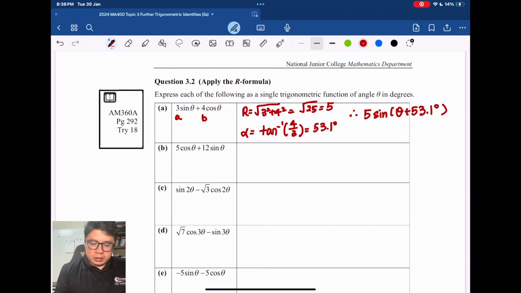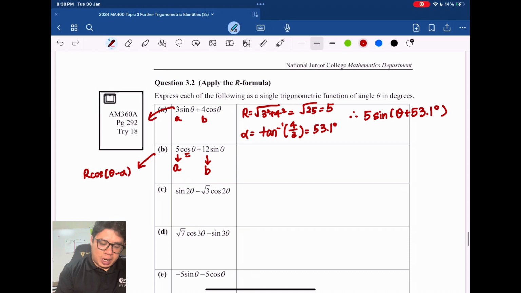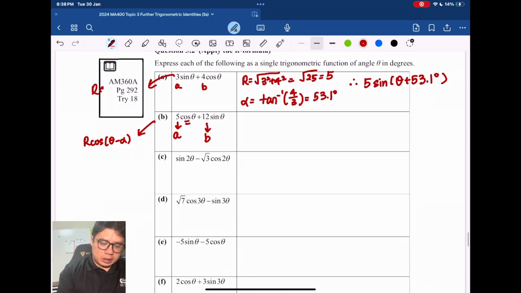Now for part B here, you can see that A is equal to 5 and B is equal to sine. So, cosine comes first, therefore we are using R cosine. So this basically means that we are using R cosine theta minus alpha. Whereas for this, sine comes first, so we are using R sine theta plus alpha. Similarly, your R would be square root A square plus B square. Now this gives us square root 169, which is 13.